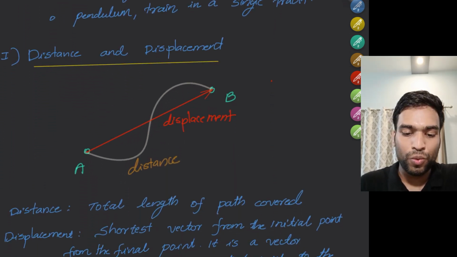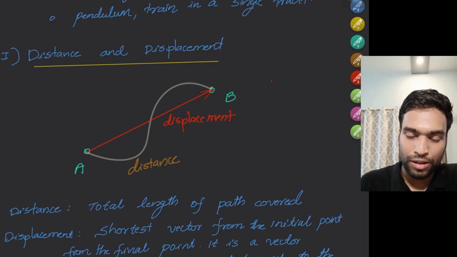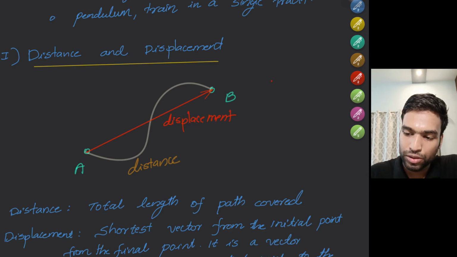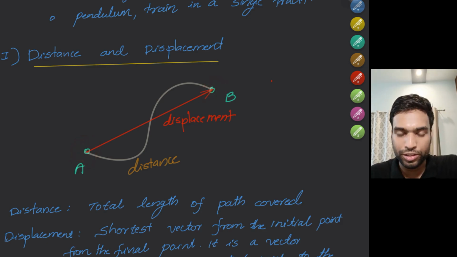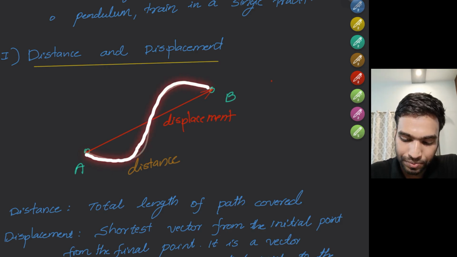Now let's focus on the difference between distance and displacement. Let's say I'm hiking and I want to start my journey from A to B, so from this region to this region. Of course, I'm not going in a straight line. So imagine that I'm going in a curved path like this.